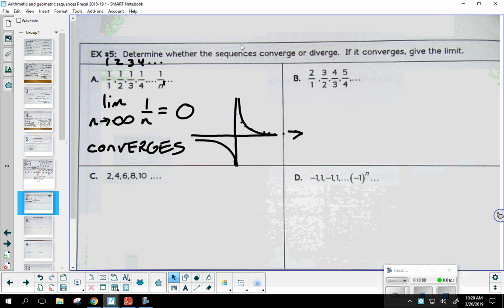What I want you to do, take about 15, 20 seconds, write out an expression with n that would model this. Just like with A, we had 1 over n, right? So write out an expression that would help me find any term I want in that sequence. So let's see if we can all get on the same page there. And it is going to be a rational function.